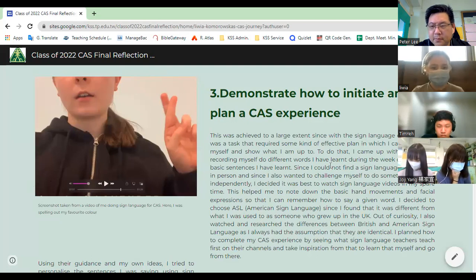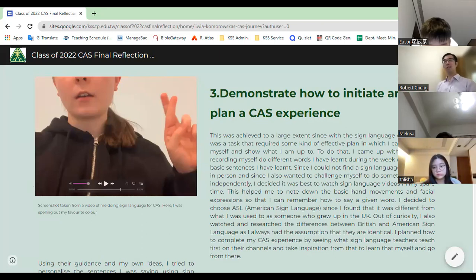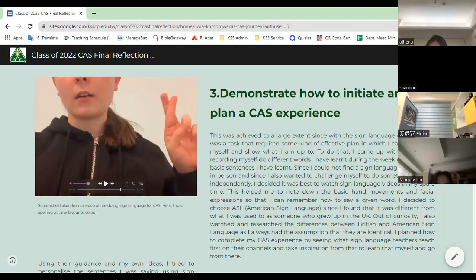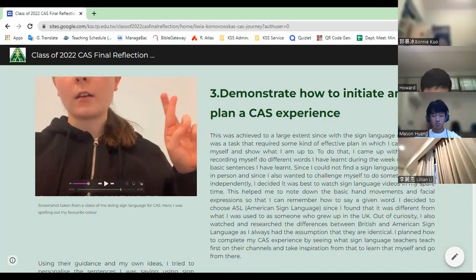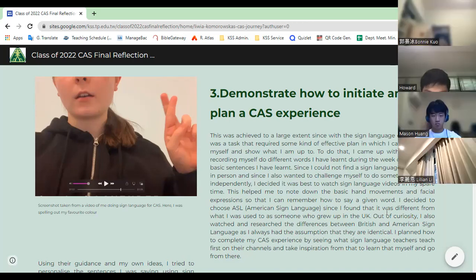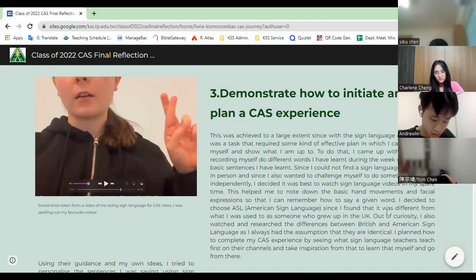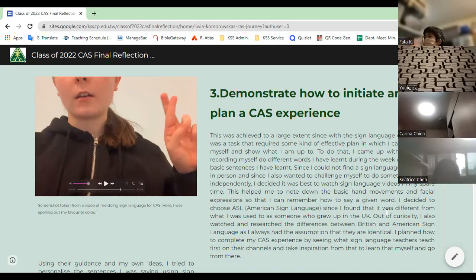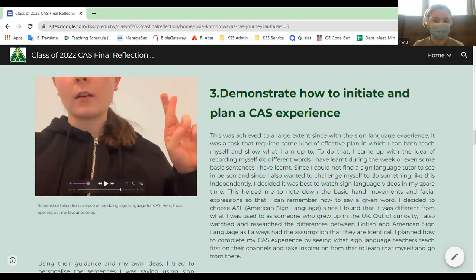Instead of just taking a picture of what I'm doing, I thought it would be a better idea to show what I'm doing by recording myself. This way, I was able to initiate and plan for the future in this experience, as when I recorded myself, I could see what I was doing wrong and what I was doing right. That helped me plan for the next week what I should work on during that whole week. And then at the weekend, I could record myself again and just keep trying. So that's how I was able to achieve that outcome.